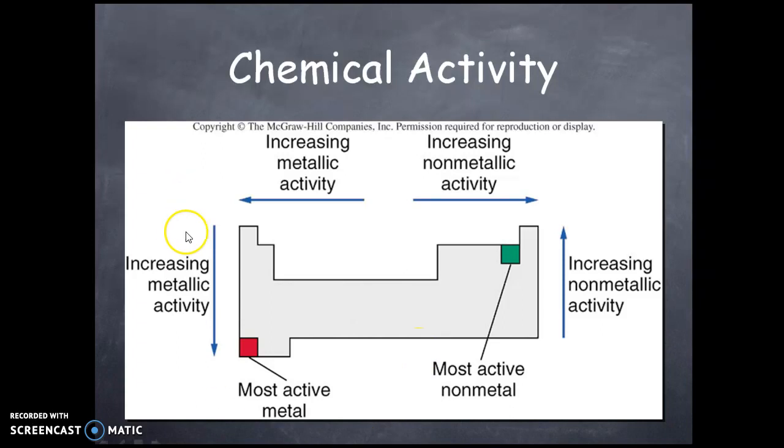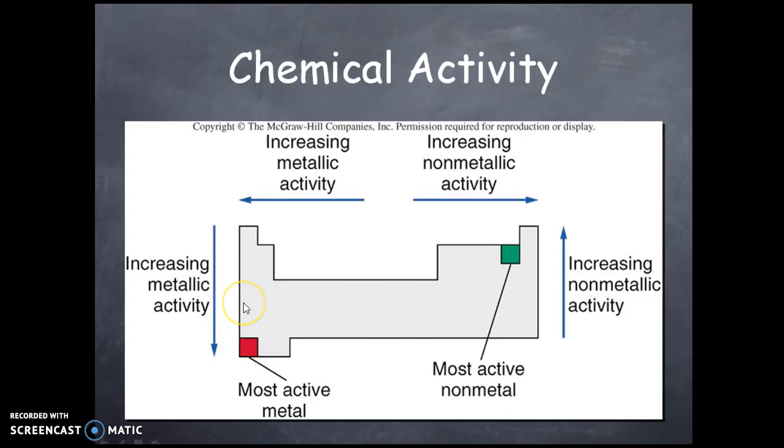If an element is placed in this column right here, the most active metal would be right here. So the metallic activity increases from here to here. Any element right here would be less metallic compared to the one at the bottom of the periodic table.